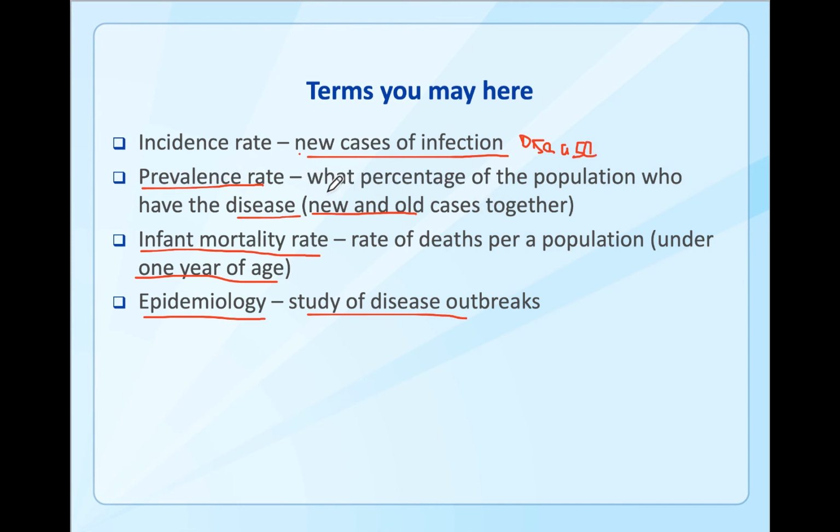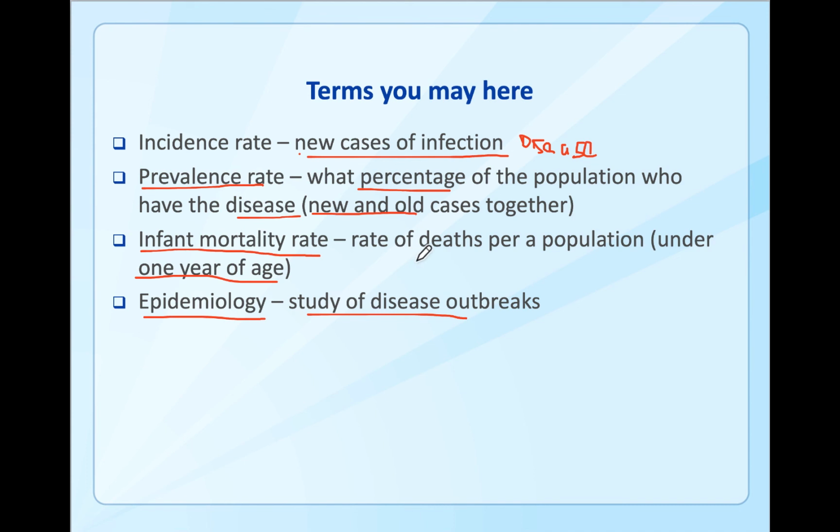Prevalence rate is the percentage of a population who have that disease. So if I told you 30% of a community have diabetes, that means both new and old cases. So maybe some people have just recently been diagnosed with diabetes, and it's the whole population, both new and old cases together. And often it's expressed as a percentage, per 100.